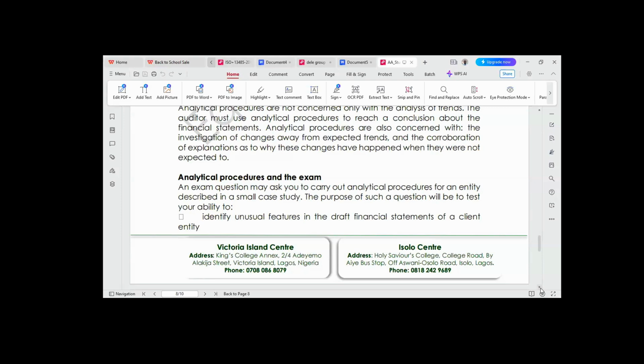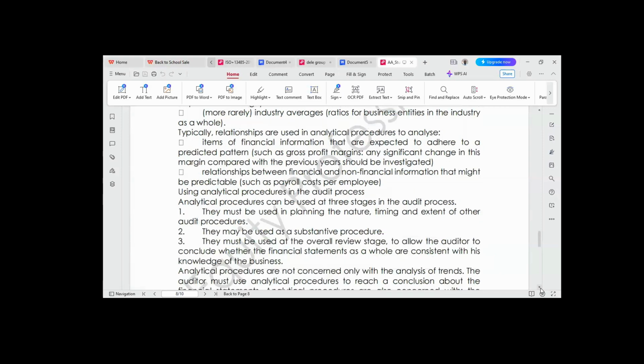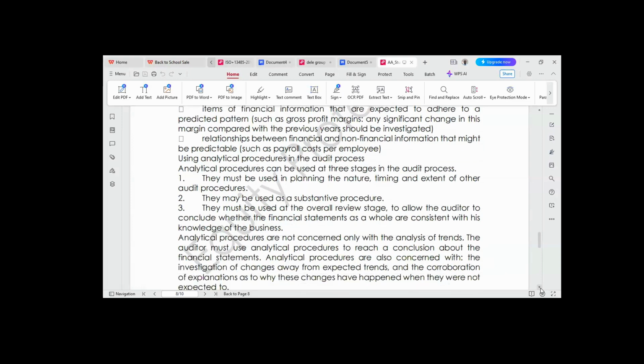That is minus 20. 2022, 100; 2023, 80. There's a decrease of 20. That's minus 20. So that's what we mean by net changes. And you do that across all the information that has been presented to you.